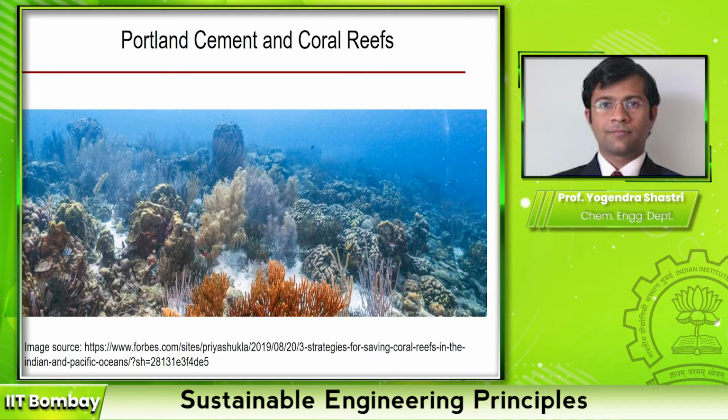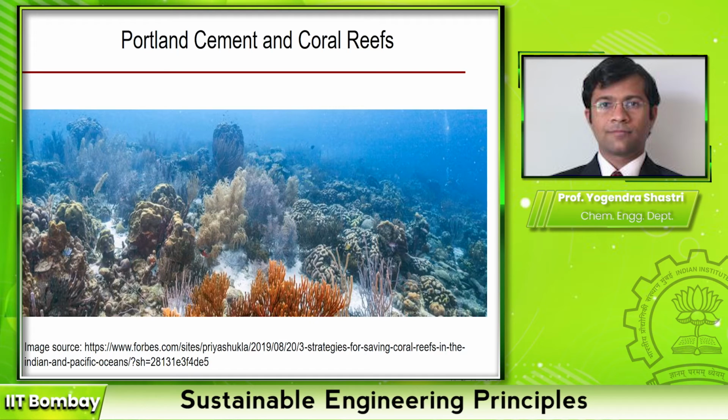This actually has double benefits, because you are not only eliminating CO2 generation, but you are actually using CO2 to produce something that we need. It is almost like you are doing CO2 sequestration.